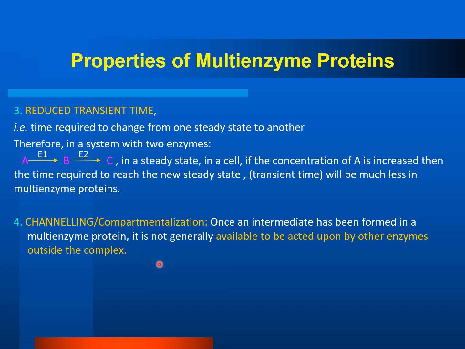I'll try to explain. Suppose, taking the same example, A, B, C and D. There could be one case where A leads to the formation of B and then B would be converted into C. But B has to travel and reach the catalytic center of enzyme E2.